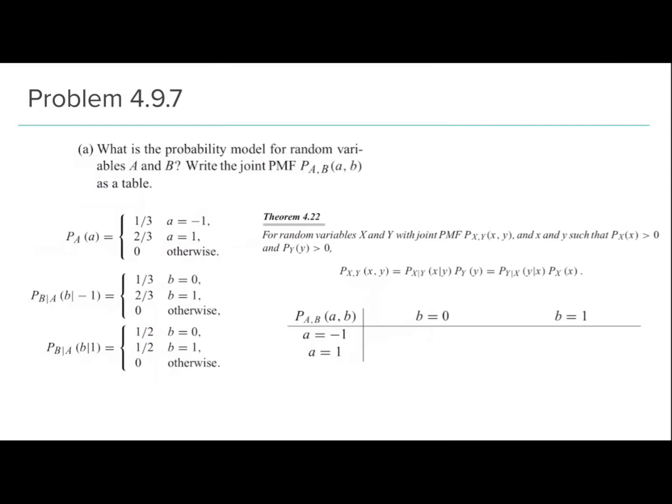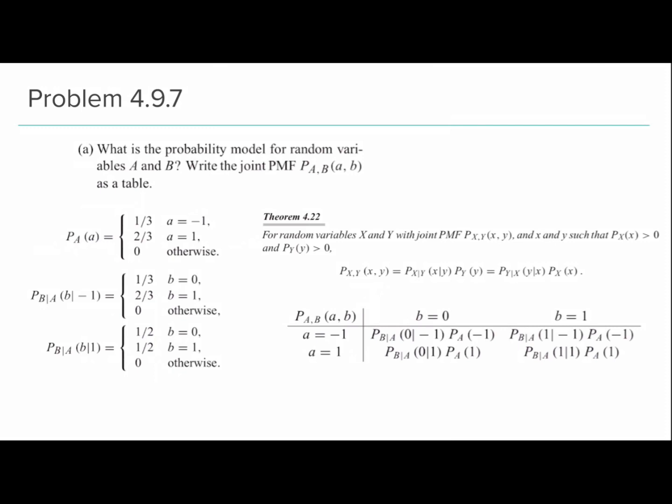P of A comma B, where B assumes two values 0 and 1, and A assumes two values -1 and 1. So basically the first entry in the table, which is P of A comma B where A is equal to -1 and B is equal to 0, is basically P of B given A, B is equal to 0, A is equal to -1, into P of A is equal to -1.